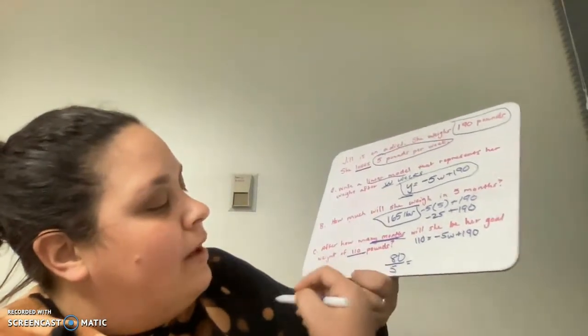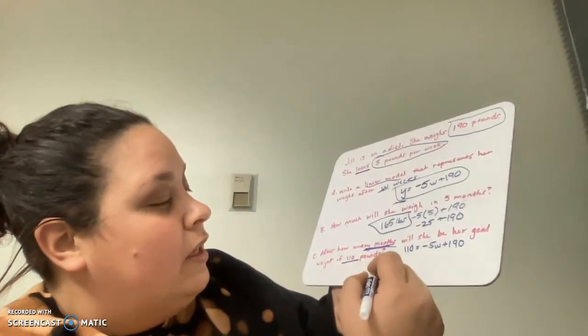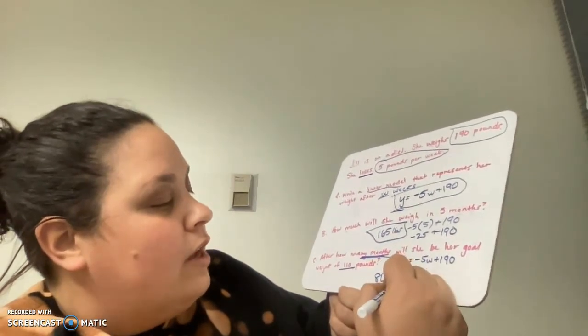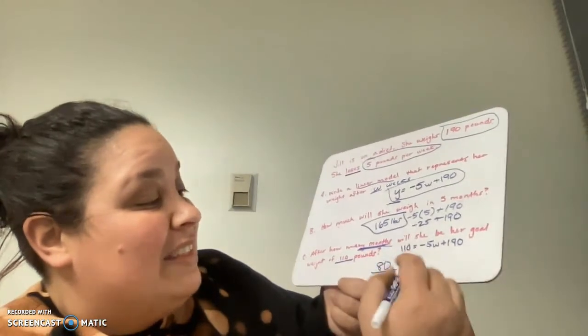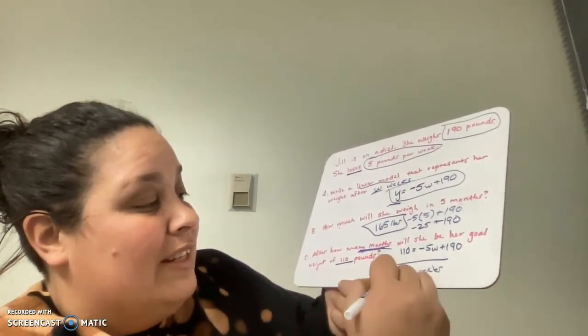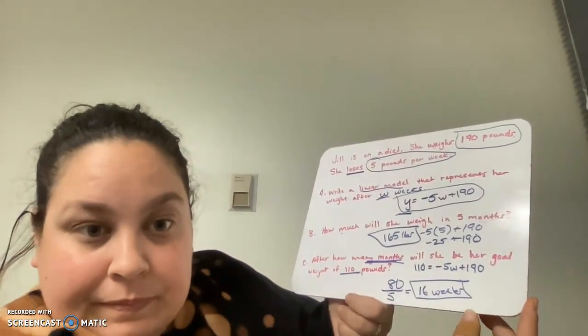So 80 divided by 5 is 16 weeks. It is going to take her 16 weeks before she's at her goal weight. And that's it. That is your 2 questions there.